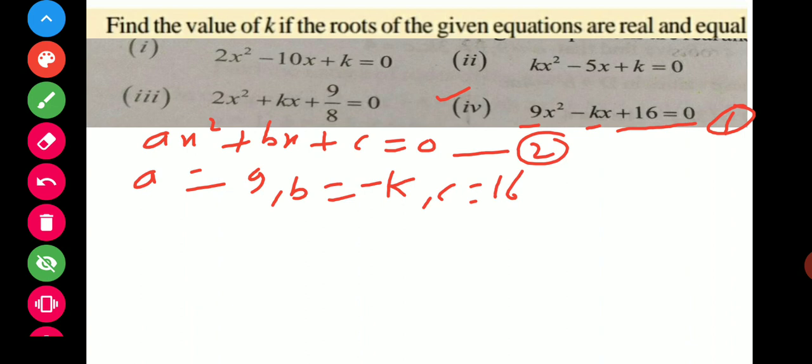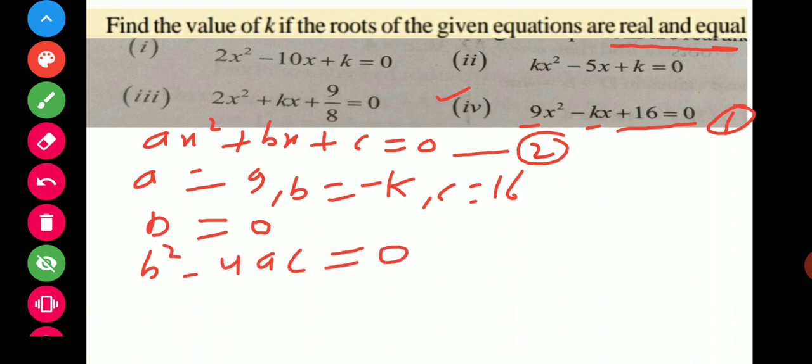So for real and equal roots, what will happen? D is equal to 0. So you can put the value of d. D is equal to b square minus 4ac equal to 0. So b square means minus k square. And 4a is given as 9 and c is given as 16.